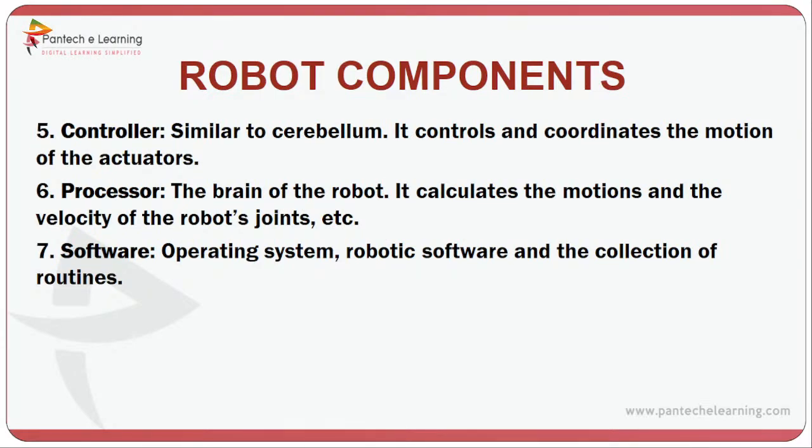And then the seventh one, you can take it as software, which is nothing but your operating system. A robot has a separate operating system. In your project, if it is a small, low-cost, mini robot, it does not need ROS.